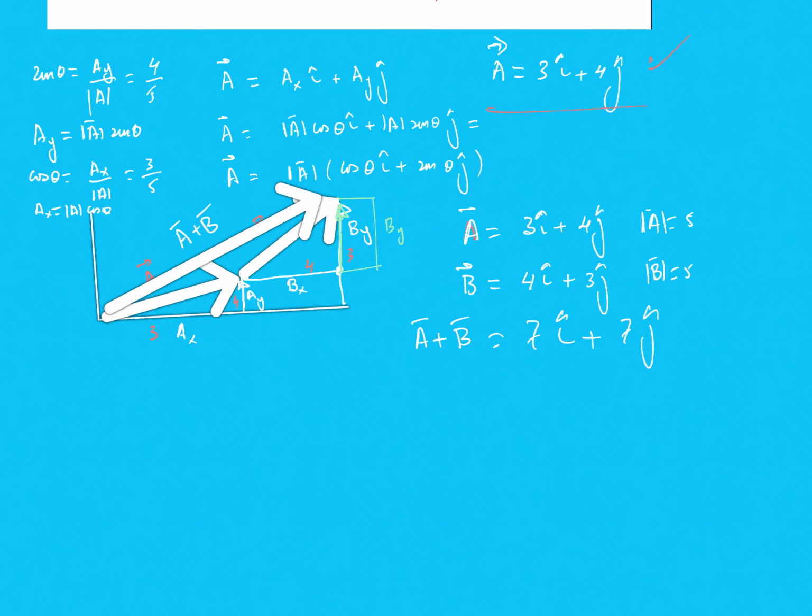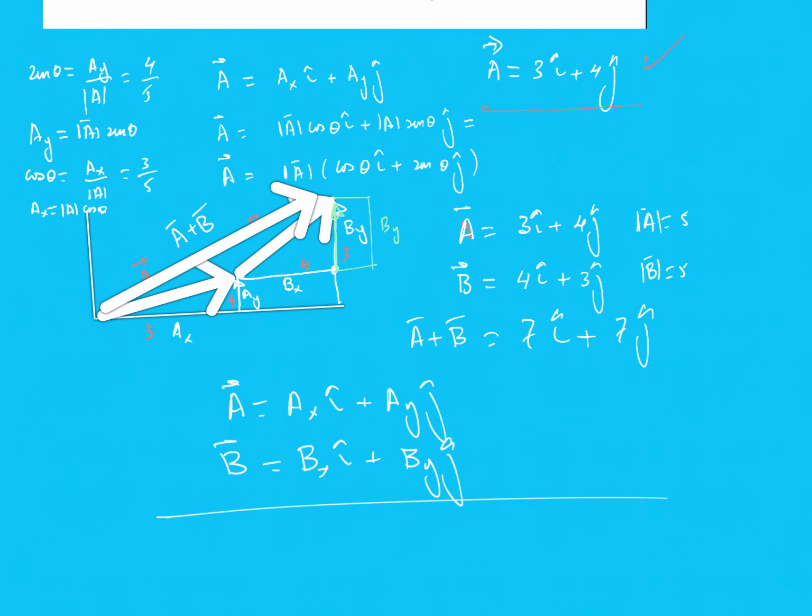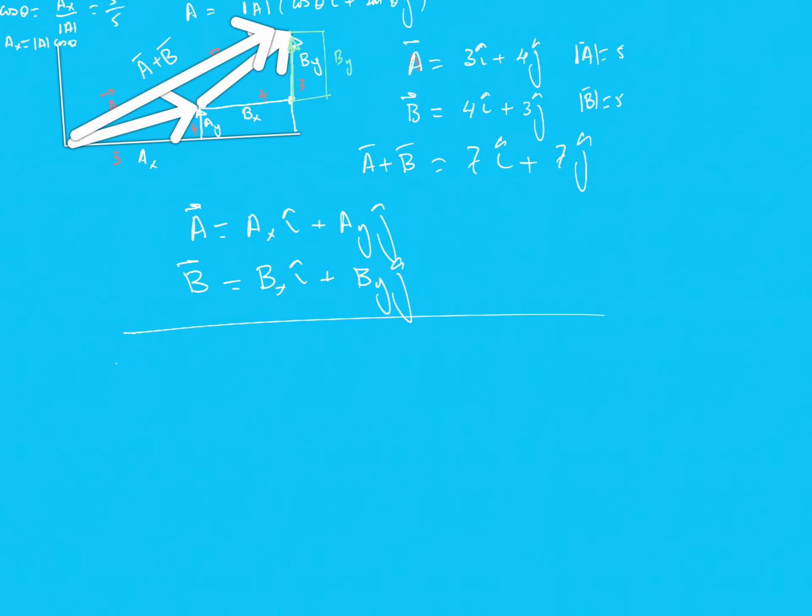So how do we sum vectors? If I have A equal to ax i plus ay j, and B equal to bx i plus by j, what is the vector that represents the sum A plus B?